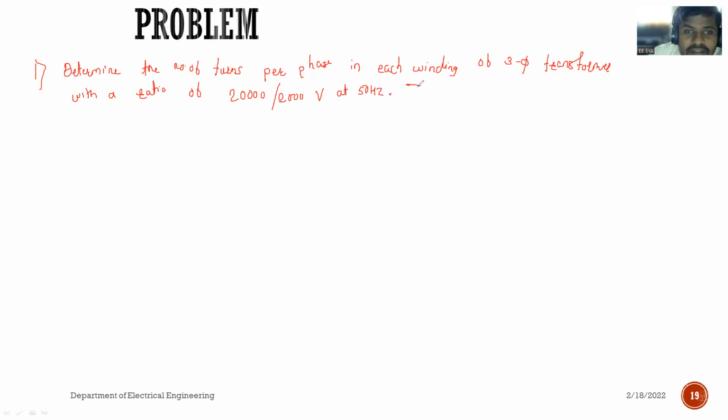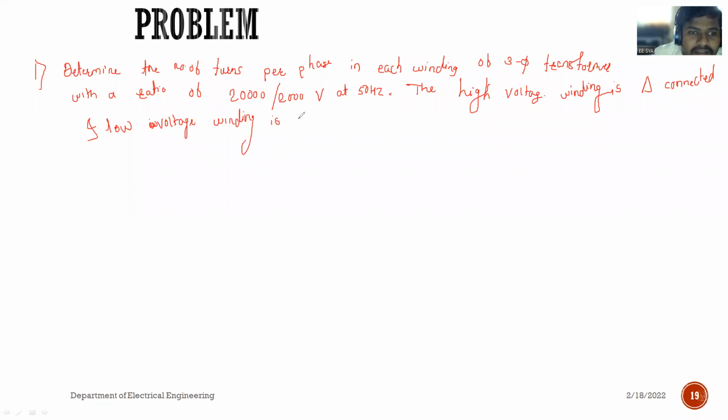The high voltage winding is delta connected and the low voltage winding is star connected.